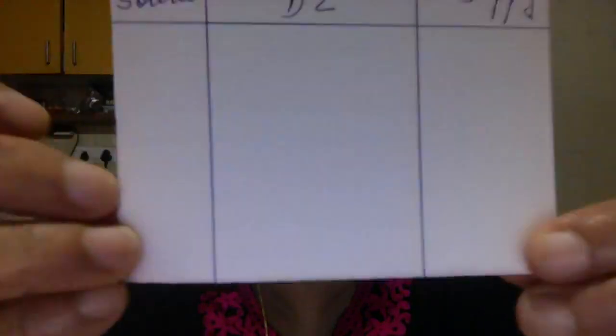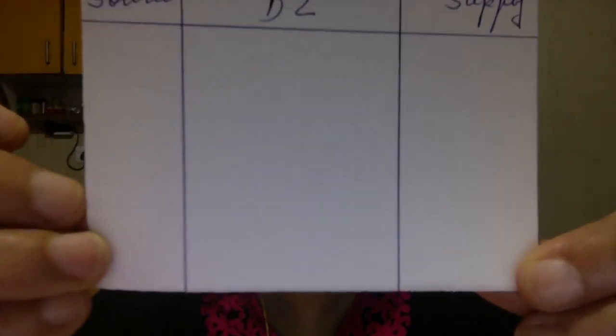Only three columns for you. Okay, and you have only D2. You'll have only 3 columns.